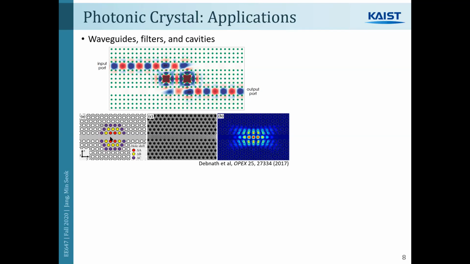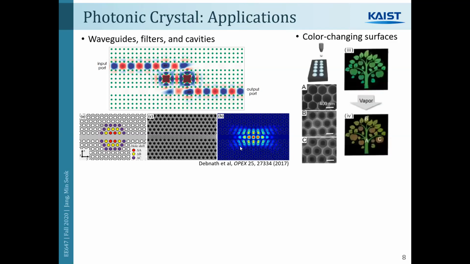And because of that tiny size difference, now this center area acts as a photonic cavity. So light is trapped inside, as you can see here in the simulations, and cannot escape for a very long time. So photonic crystals are famous for creating optical cavities or optical waveguides.